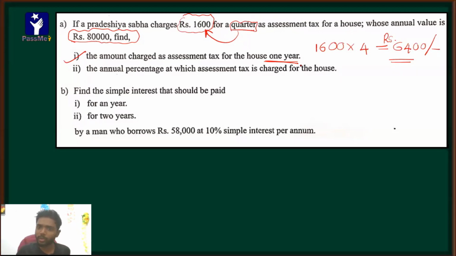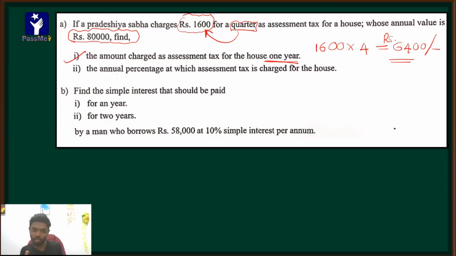So by using those two values you can calculate the percentage. Our house has a value of 80,000, but at the end of the year I have to pay 6,400 rupees to the government. By using those two values you can convert these two numbers into a percentage value.